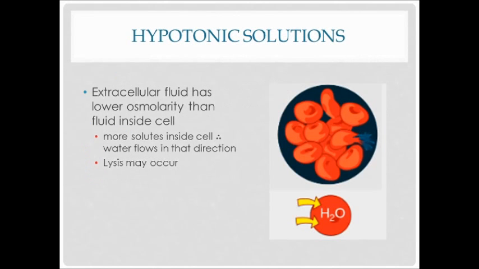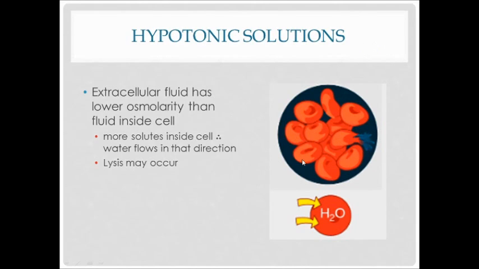In hypotonic solutions, the extracellular fluid of the cell has a lower osmolarity than the fluid inside the cell. So the osmolarity is the solute concentration. So if there's less solutes on the outside of the cell, more solutes on the inside of the cell, water will want to flow toward the area of higher solute concentration.